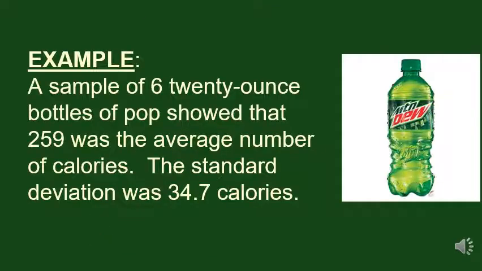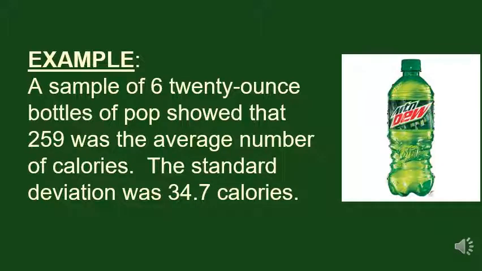Here's another problem. You might want to jot these numbers down or put them in the calculator as you're working along here. A sample of 6 20-ounce bottles of pop showed that 259 was the average number of calories. This must be regular pop rather than the diet pop I have to drink after my diabetes attack.